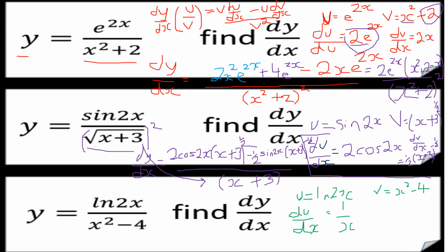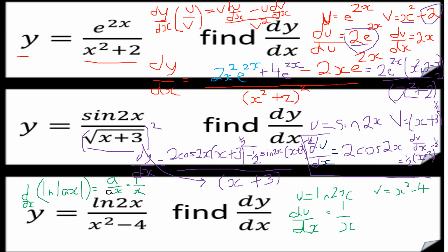So a little rule there: if you ever have the natural log of ax and you differentiate that, so d by dx of natural log of ax, it's just going to be a over ax, which simplifies to just 1 over x, if you're interested. That is meant to be an a there, sorry.